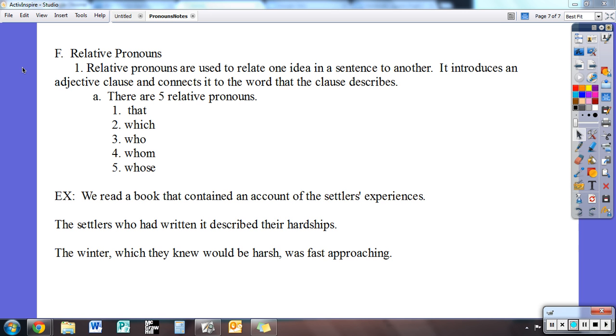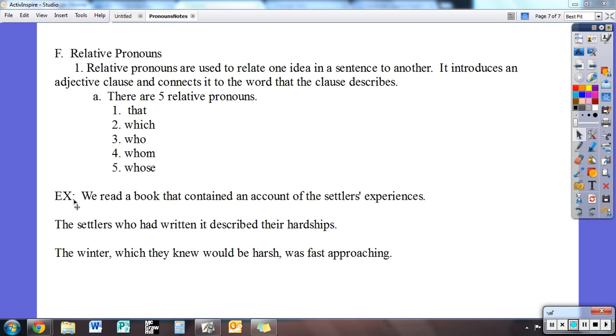So relative pronouns can be considered like a connector, not a conjunction, but kind of connecting the noun to the phrase that we're using to describe that noun. And you see under my lowercase a, there are only 5 relative pronouns. And yet you will find these in other categories of pronouns too, but for relative, when they're relating it to something else, there are only 5 that we have to worry about.